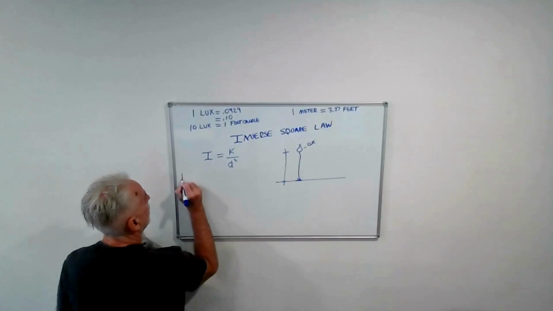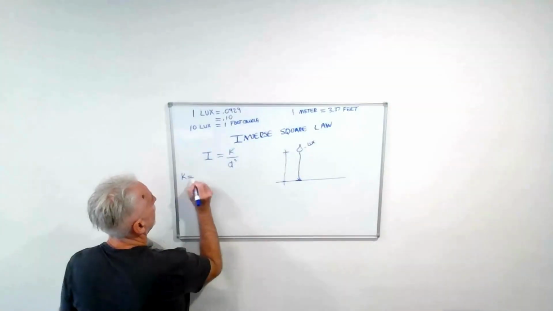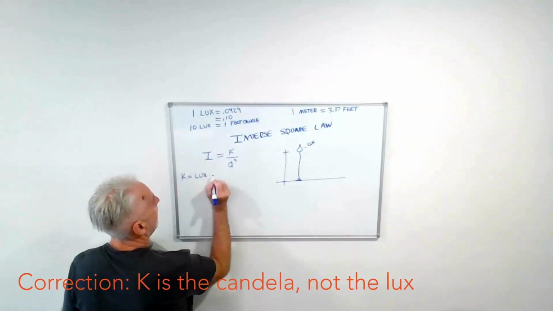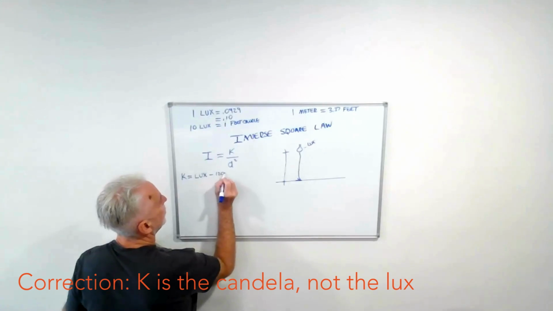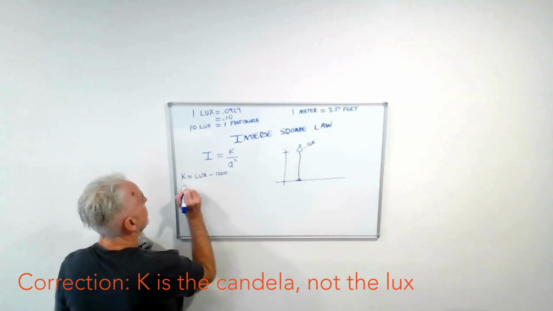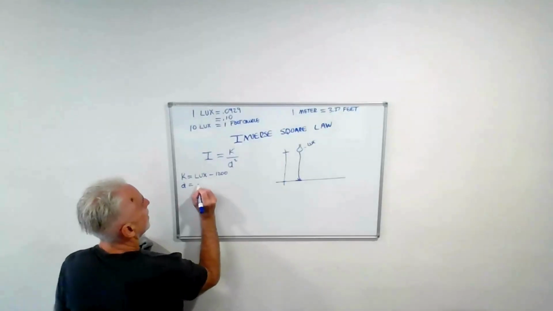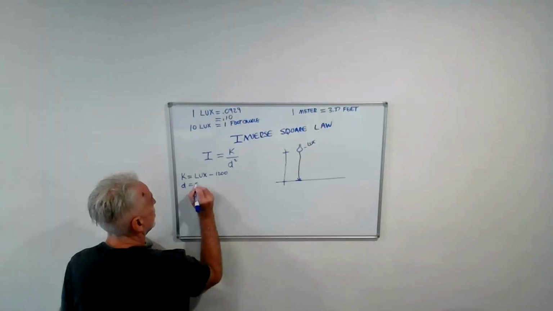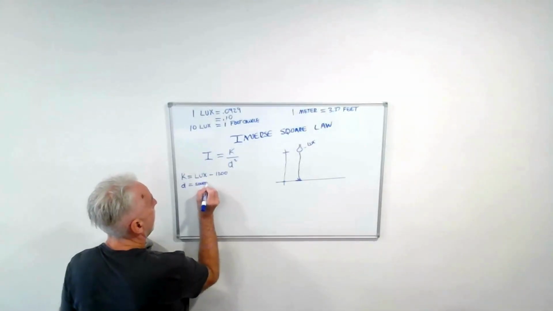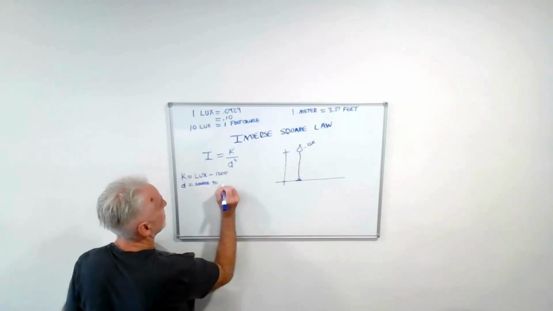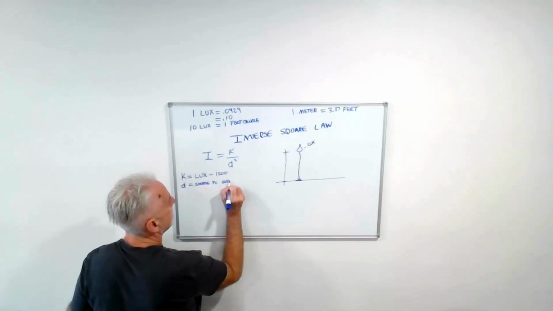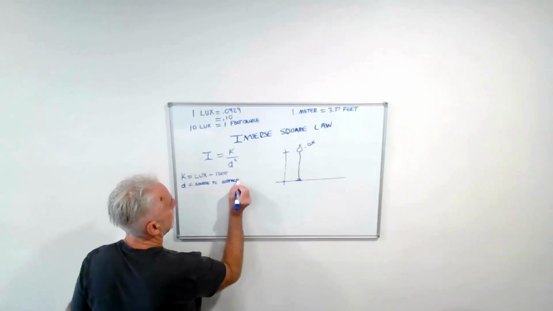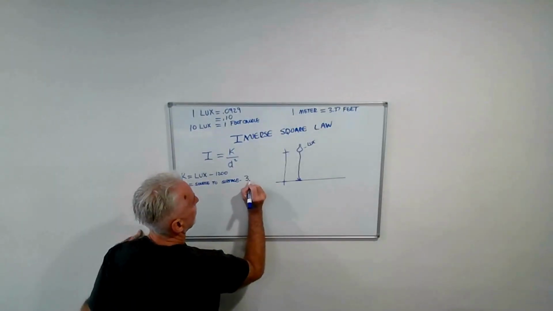So K is lux, and it's 1200. D is distance. So I like to say source to surface. And for this, 3 meters.